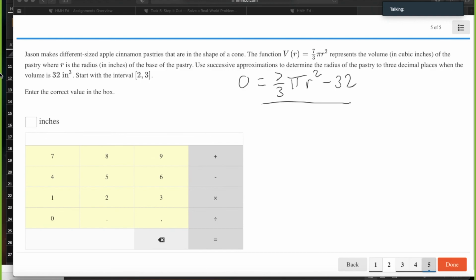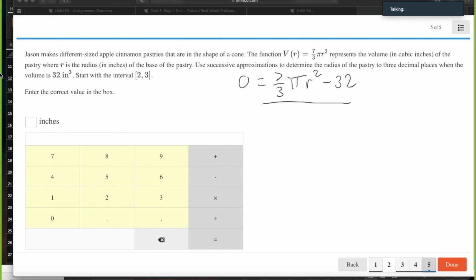So we're talking from 2 to 3, so I can enter 2, hang on, I had to change my settings real quick. So if I type in 2, it gives me negative 2.6. If I type in 3, it gives me a positive number.